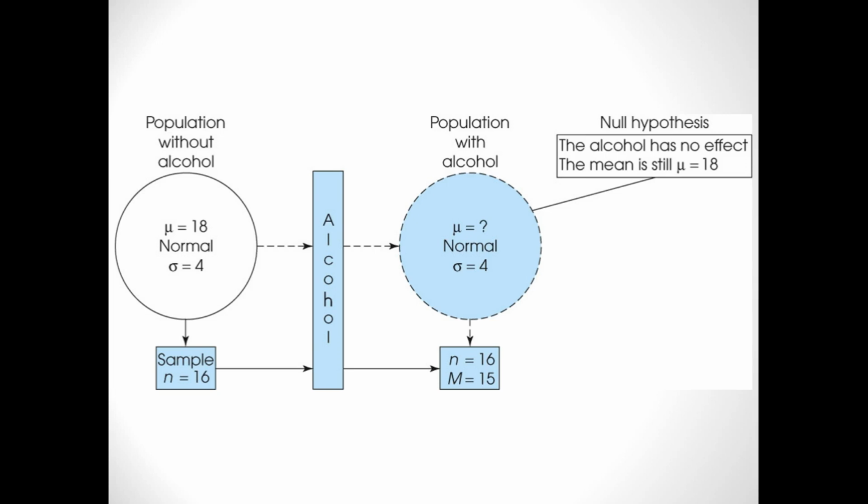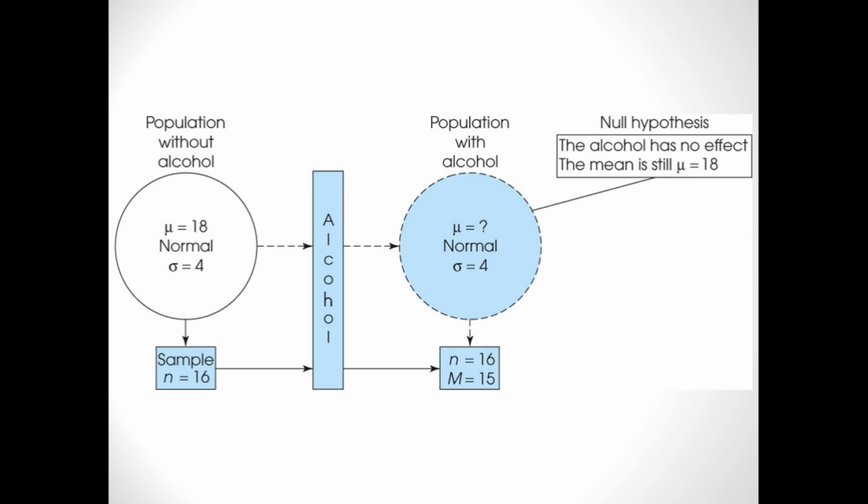We also have a population with alcohol, with its mean on the normal distribution and its standard deviation. The null hypothesis in this case is that the alcohol has no effect. The mean is still 80. We test this hypothesis.